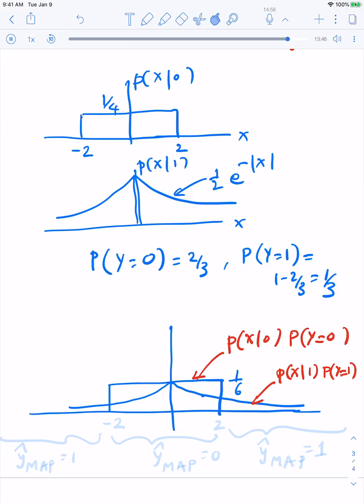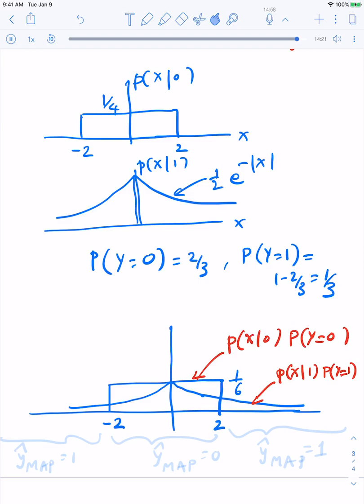And it just so happens that we have chosen those prior probabilities such that over the support of the P of x given 0 density, the product P of x given 0 times P of y equals 0 is always bigger than P of x given 1 times P of y equals 1, right?